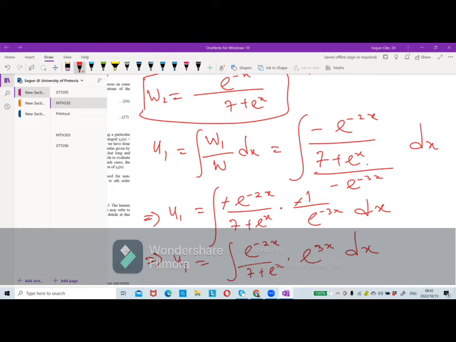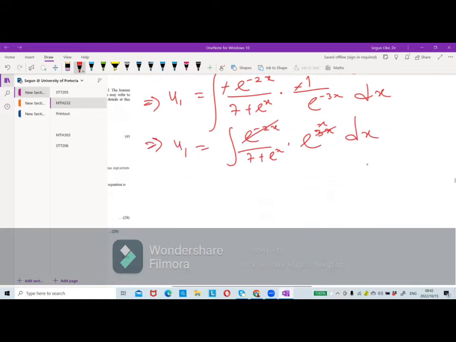So you agree with me that the power here will go, right? It will remain x here, because when you add it together, you will remain x. So you have u1 equals integral of exponential x over 7 plus exponential x dx.